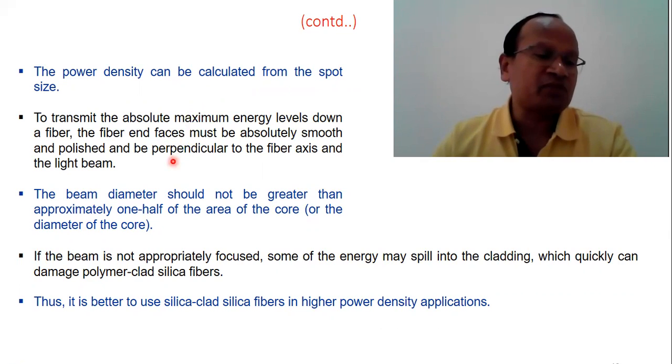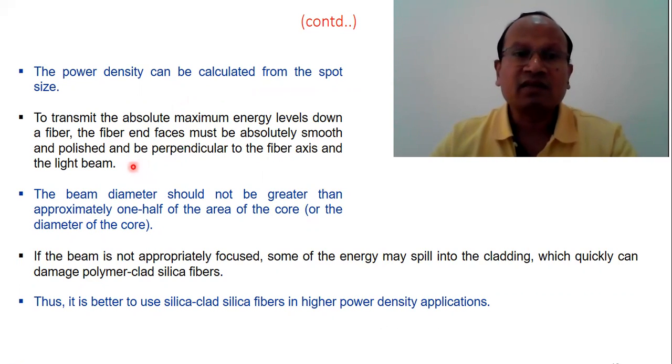To transmit the absolute maximum energy levels down the fiber, the faces must be absolutely smooth and polished and be perpendicular to the fiber axis and the light wave. That is one means by which we can reduce the amount of loss.